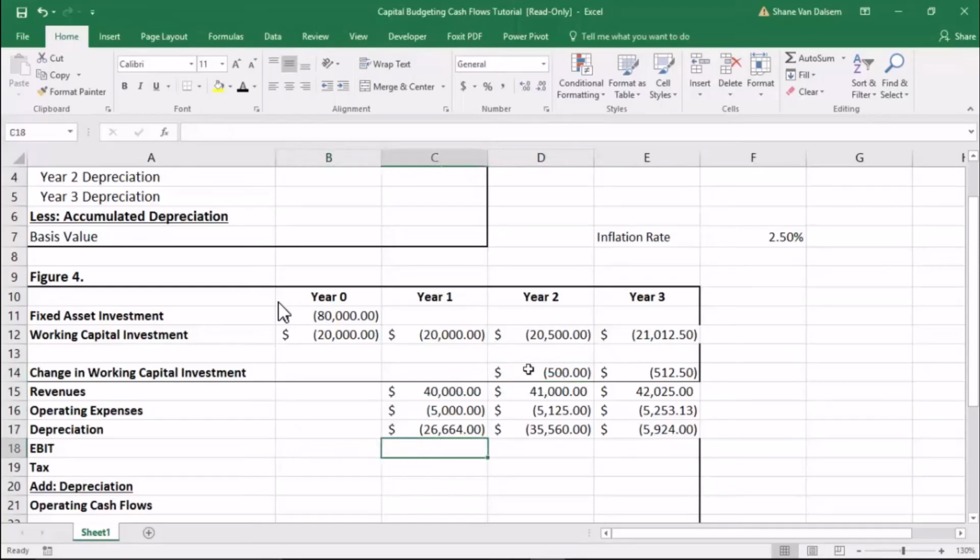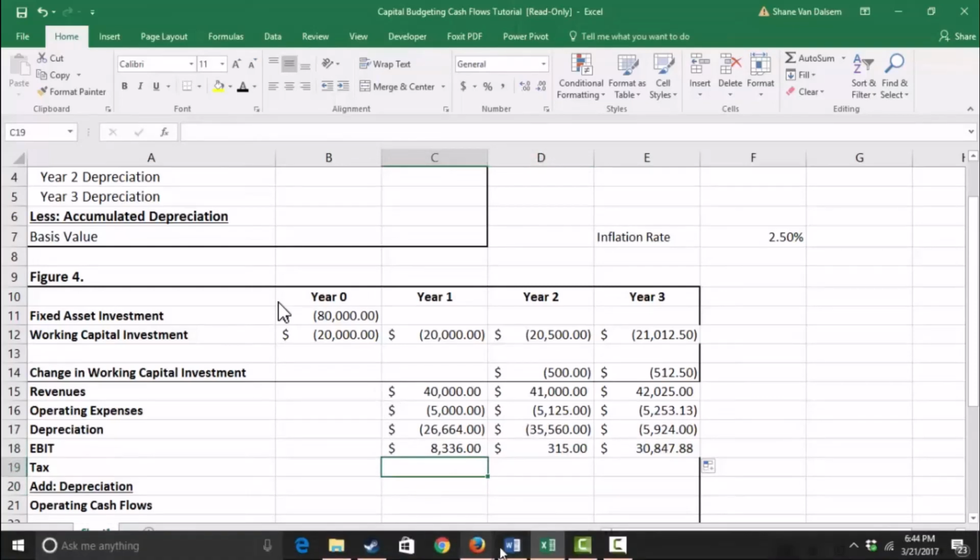So our EBIT is equal to 40,000 minus the 5,000 minus the 2664. So I get 8,336 for year one. For year two, I get $315, and then for year three, I get $30,847.88.